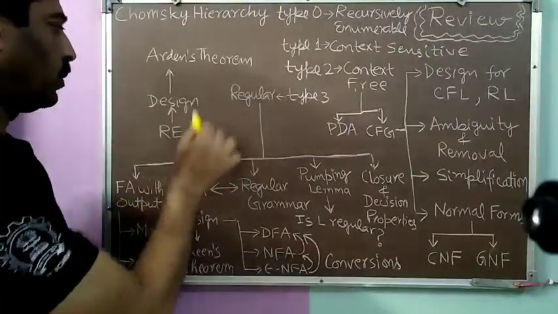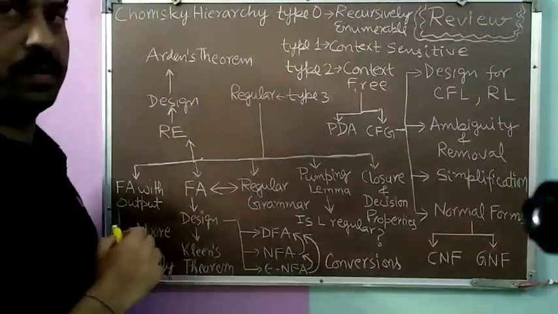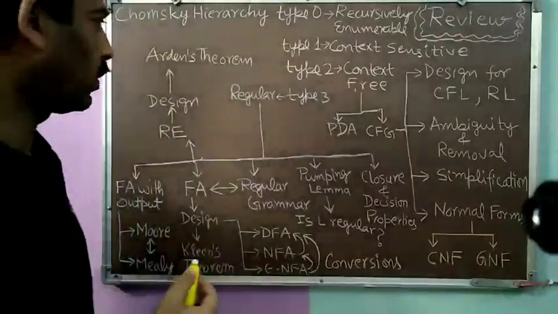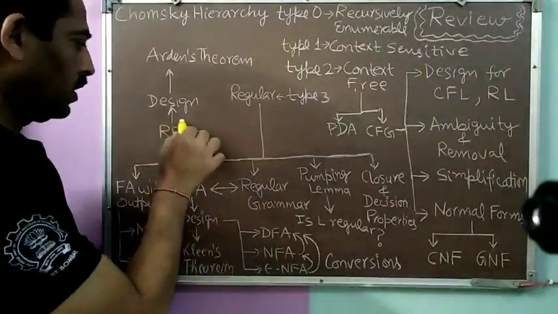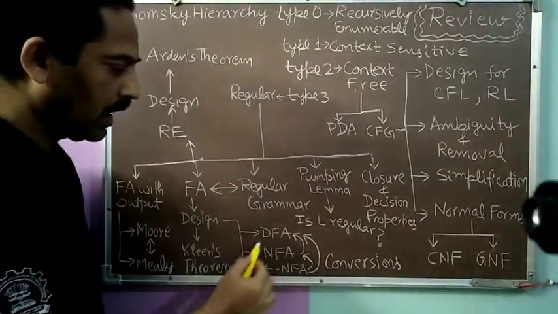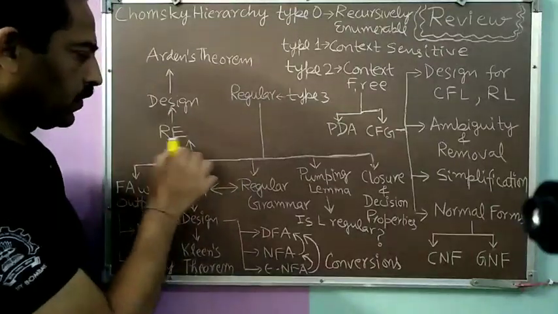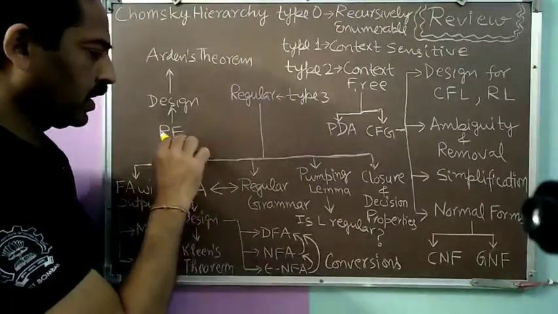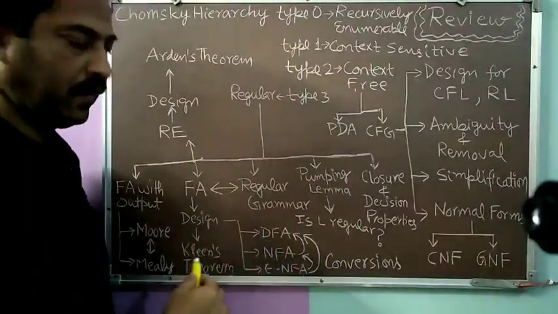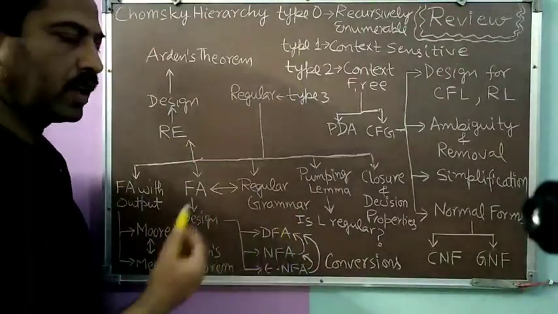Then we have discussed one more concept, that is the regular expression. So we have discussed the design of regular expressions, how we can design them. And we have also seen that these regular expressions are closely associated with the NFAs. Whenever we look at the regular expression, we can easily design an NFA from it. And then that particular NFA we can convert into the DFA.